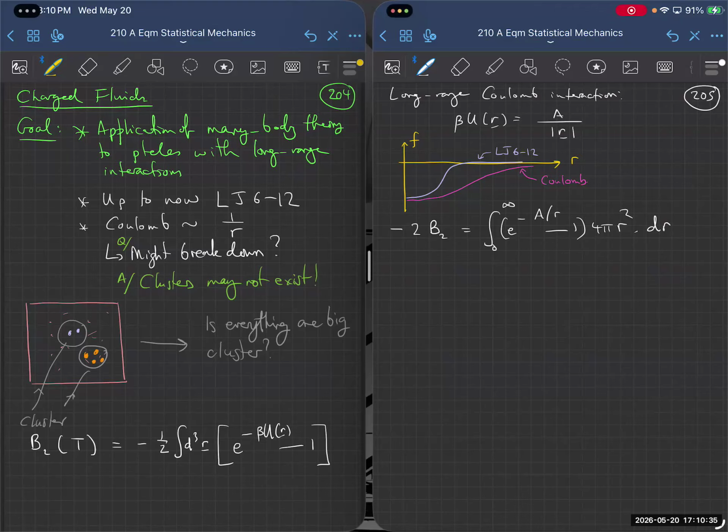Then I'm going to write this in the following way: as the integral from 0 to some number a, of e to the minus a over r minus 1 times 4 pi r squared dr, plus the integral from a to infinity of e to the minus a over r minus 1 times 4 pi r squared dr. So that's the second virial coefficient.